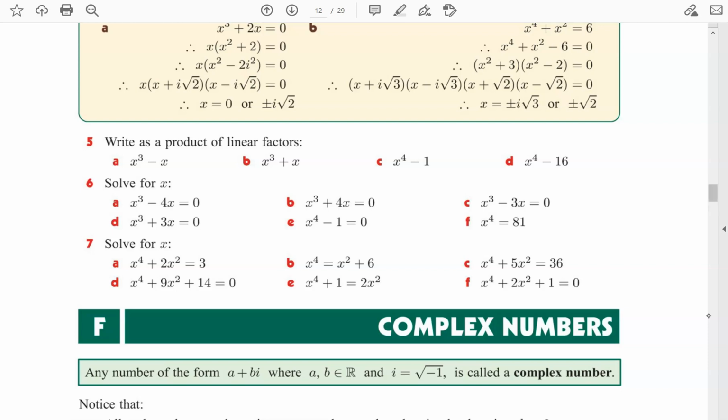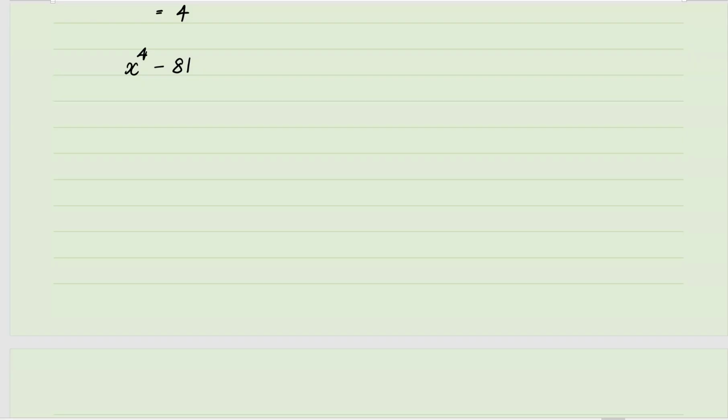So a great one that I like. Okay, if this is a typical question, if we have this, and I'm asking you to fully factorize that, I mean, okay, we'll fully factorize and solve as well. So there we go. How can I factorize this? Well, we can start, because the square root of x to the 4 is x squared, because this we recognize again is difference of two squares.